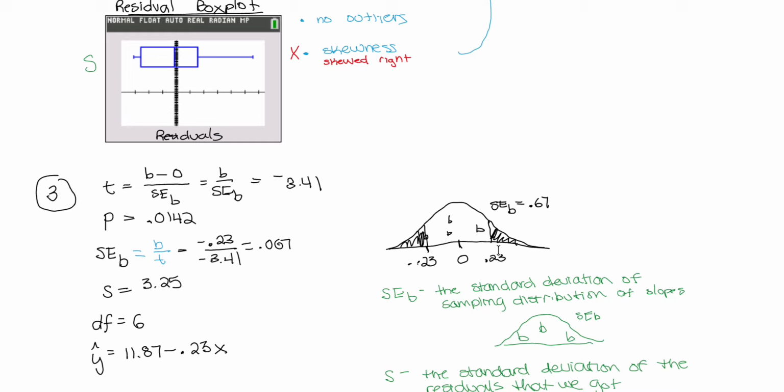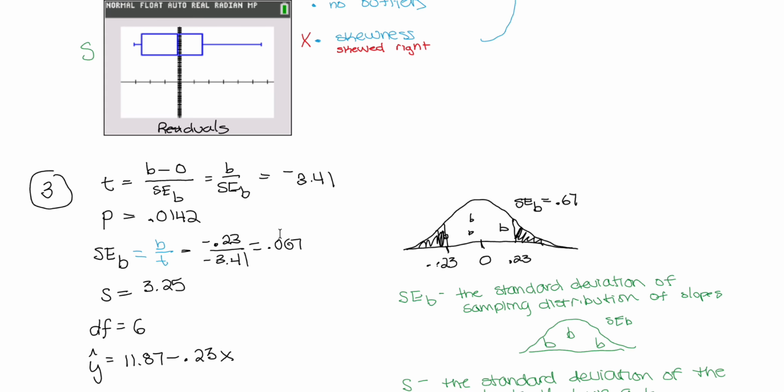In this case, we're saying it's not equal to 0, therefore two-tailed. Don't forget to label SE sub b, 0.067. I just realized that I forgot a 0 in here, so make sure you write it for yourself.